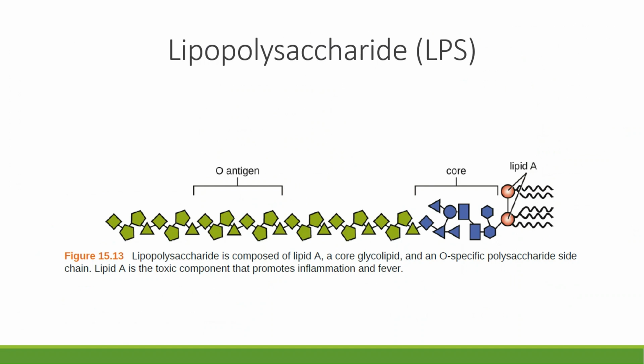There is lipid A, which is a lipid portion, and it embeds itself into the outer membrane, and it does so because the membrane is made of lipids, and so the two are both hydrophobic and they can interact with one another. The core and O antigen are the parts that are made up of sugars.